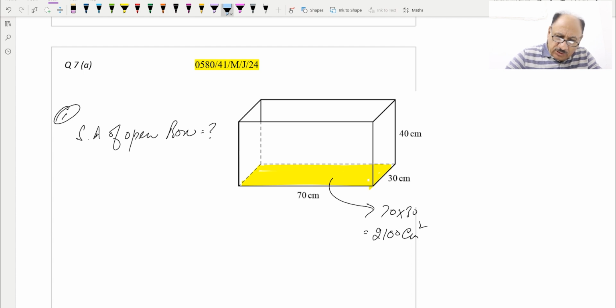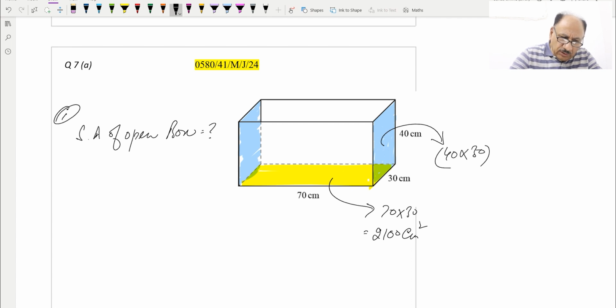We have two sides, which I'm just highlighting now. This one and this one, height into width, 40 into 30. Similarly we have the other side, which is also 40 into 30.